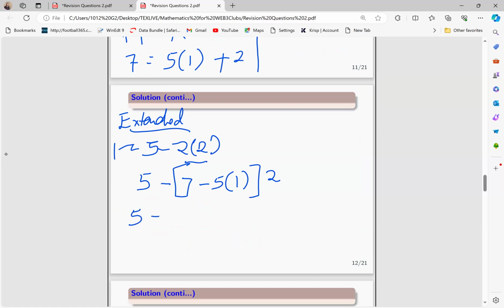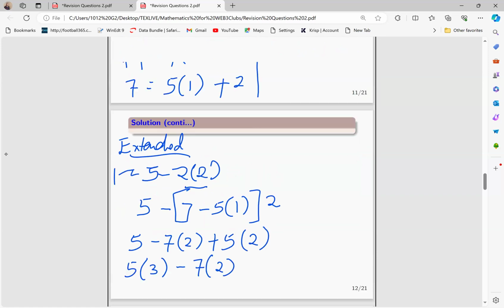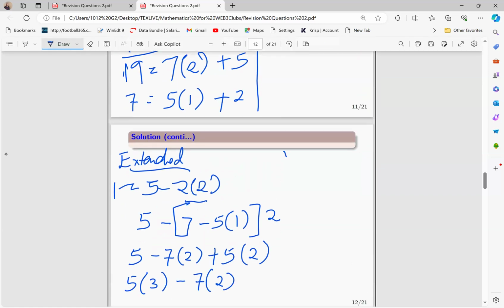That becomes 5 minus 7 times 2 plus 5 times 2. Collecting like terms together, 5 multiplied by 3 minus 7 times 2. Making 5 the subject, it becomes 19 minus 7 times 2, times 3 minus 7 times 2.